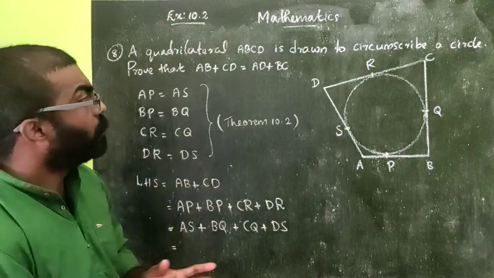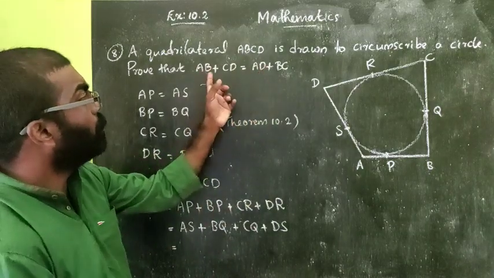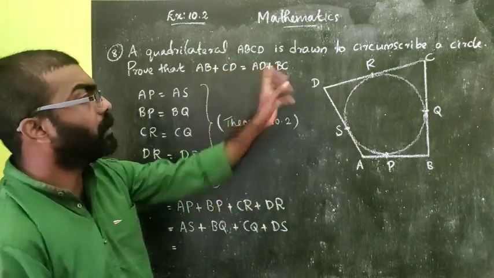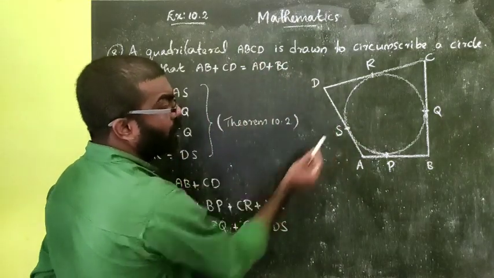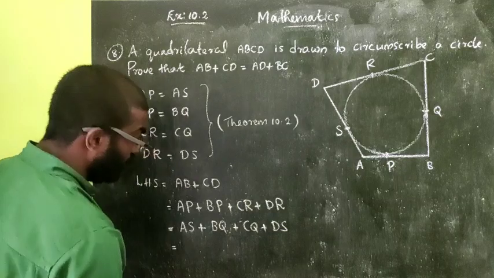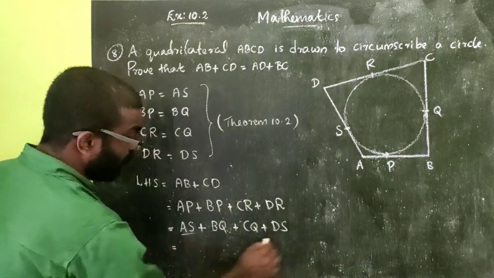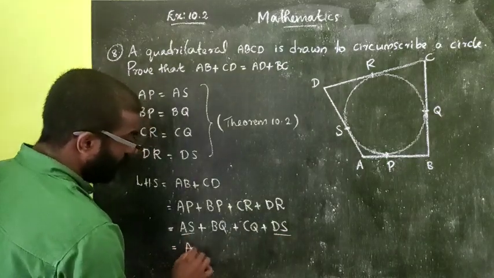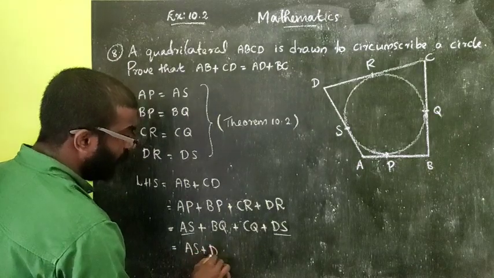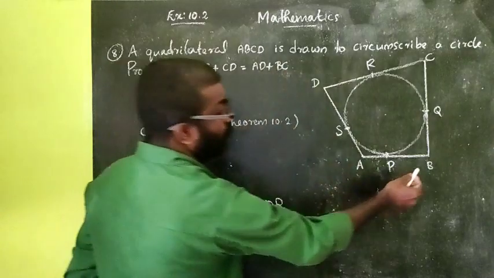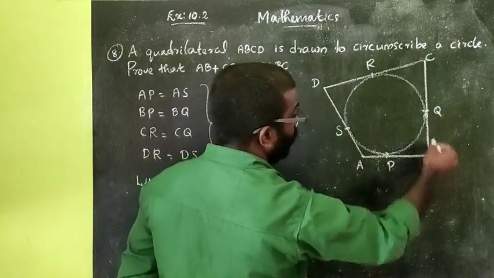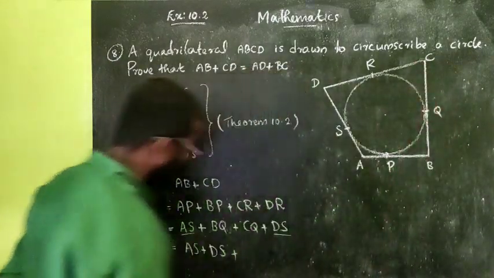Again look at the figure. We want to prove AB plus CD equal to AD plus BC. AD is the sum of AS and DS. Right. So we can collect the first and last terms together: AS plus DS, then plus BC. BC is the sum of BQ and CQ.